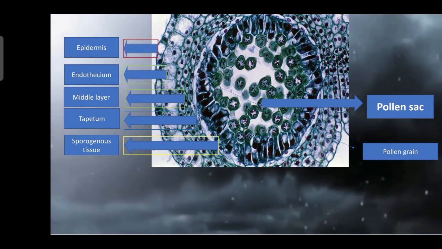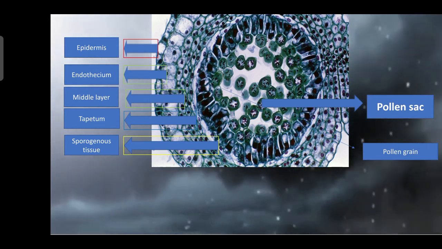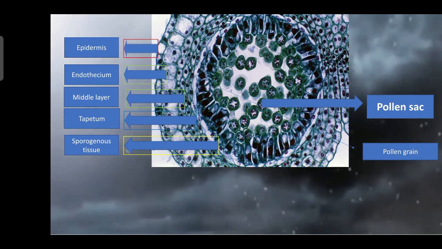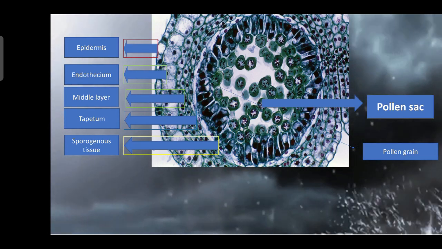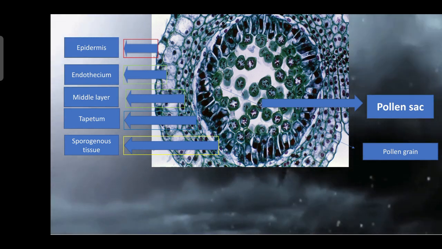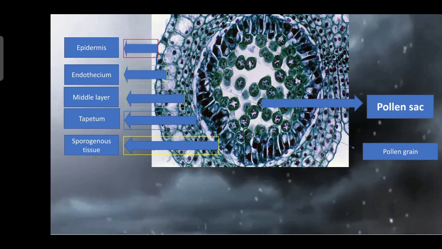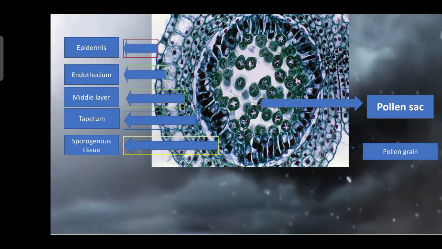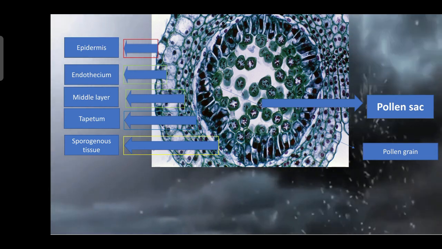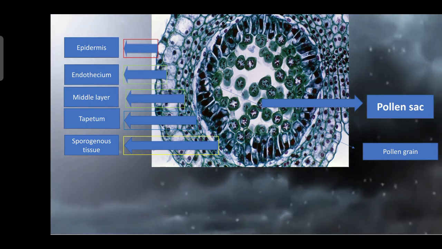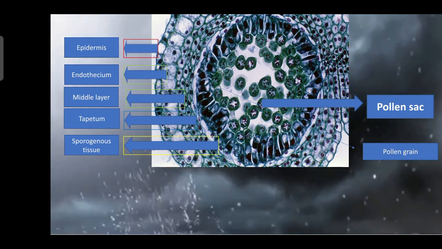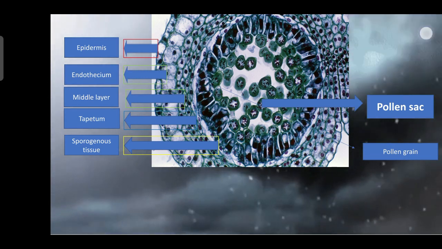Number 3, they secrete some oil and coat the pollen grains, giving protection from the UV radiation, and they are also meant to attract the insects. The oil secreted coats the pollen grains, protecting them from UV radiation and helping in attracting insects.